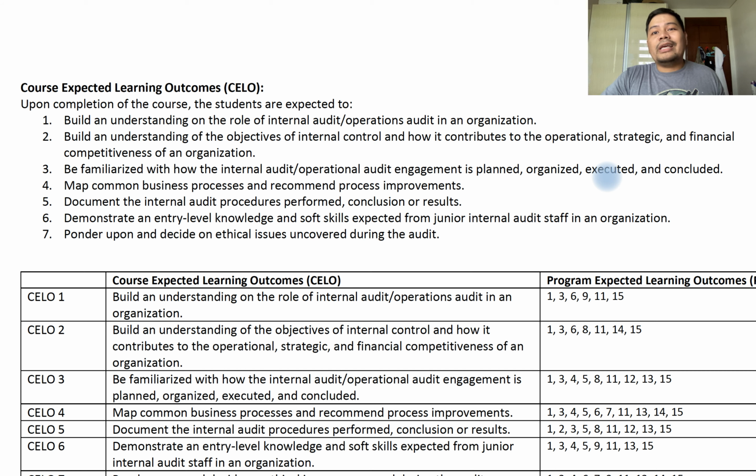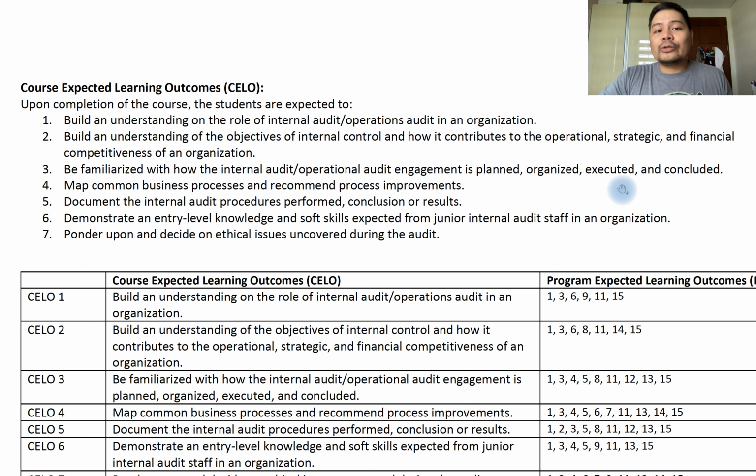So, mataas yung control risk, yung detection risk natin dapat babaan natin. So anong gagawin? Dadamihan natin yung substantive tests, di ba? So ganun siya, if you can recall your auditing principles.